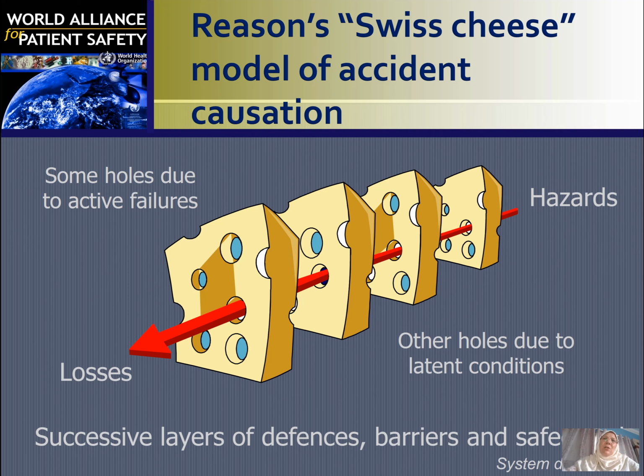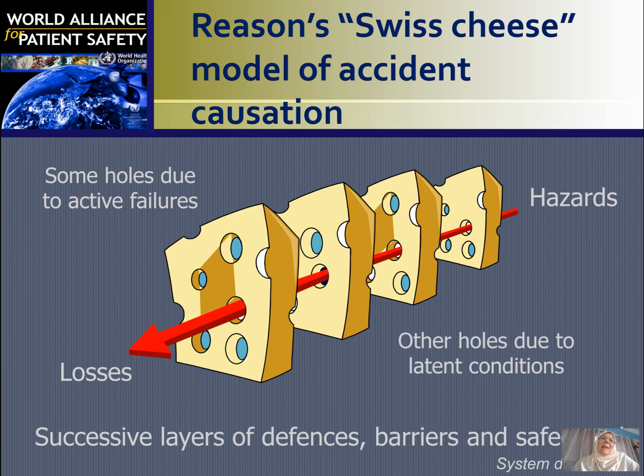Each of these slices illustrated in this diagram shows a barrier which is put in place to remove hazards and avoid errors. But any of these barriers has a hole, and only if several of such holes can be passed will an adverse event occur and a patient come to harm.